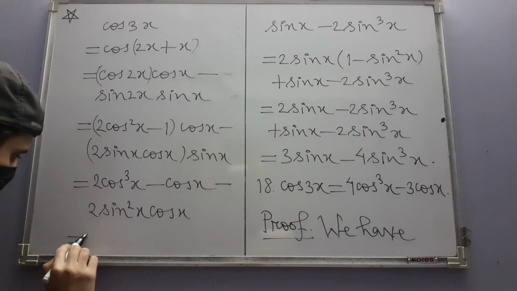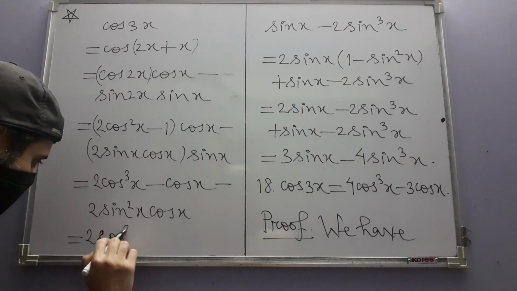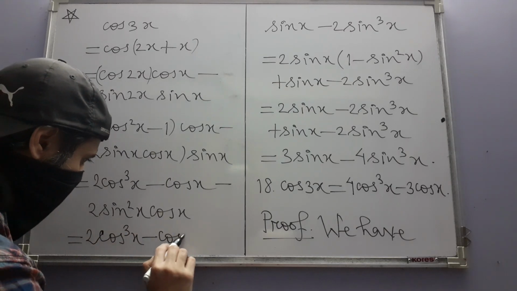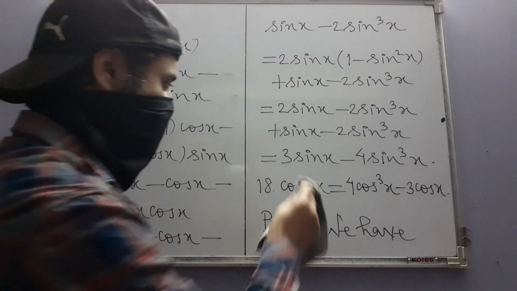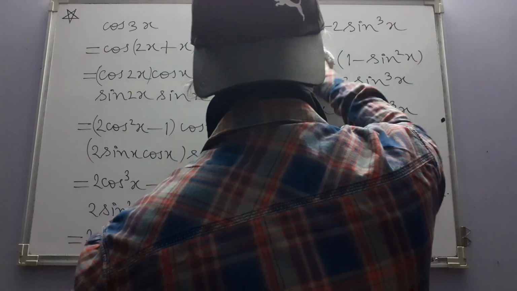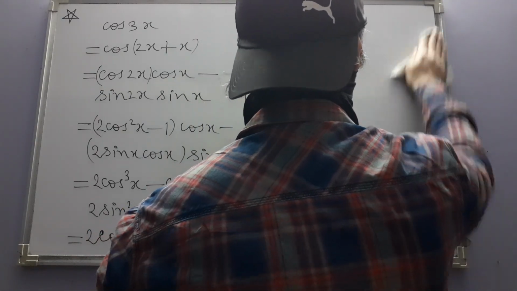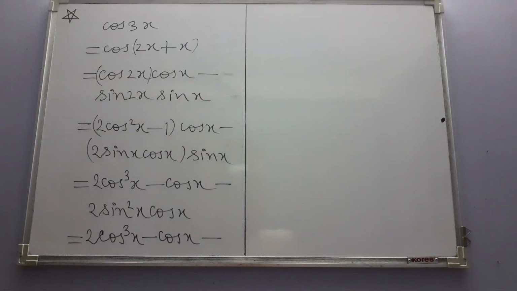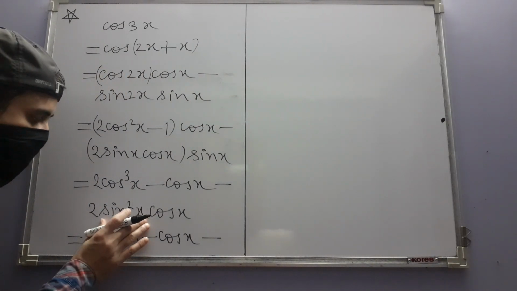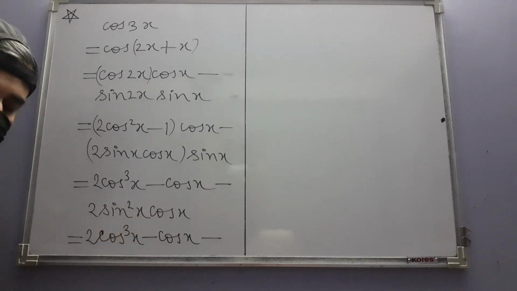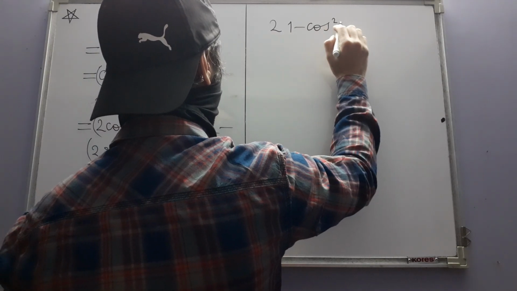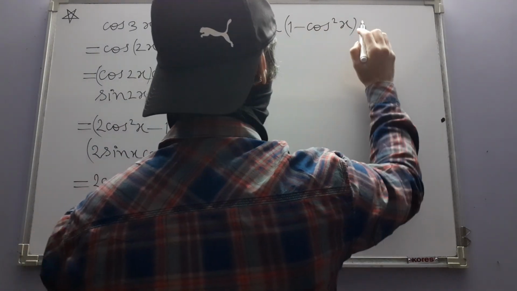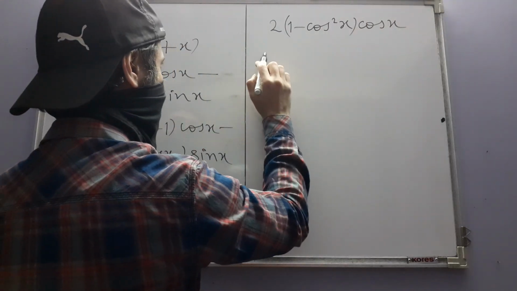So this is going to be 2 cos cube x minus cos x minus, so to turn this into cos, we write 1 minus cos square x, times cos x.